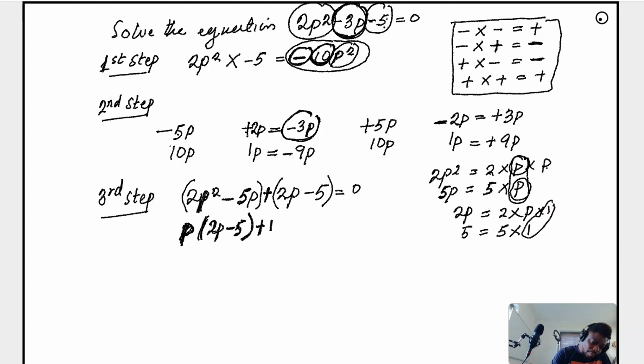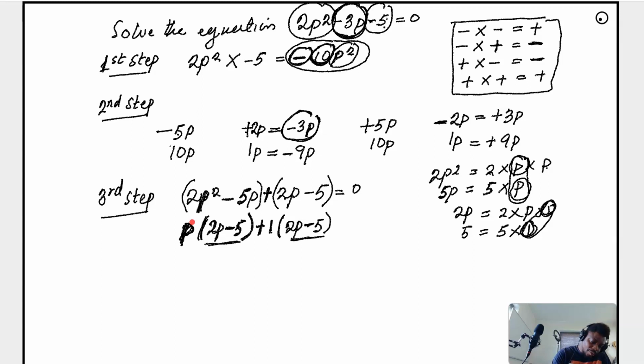What is left on 2p is still 2p, and what is left on 5 is still 5. But the problem now is that you don't know the sign to put here. For easy solution, just put the same sign that you have here, because if I say plus 1 times minus 5, I will still get minus 5.